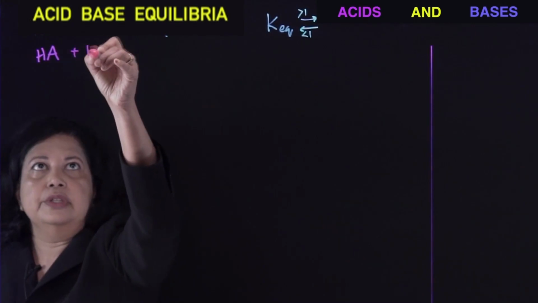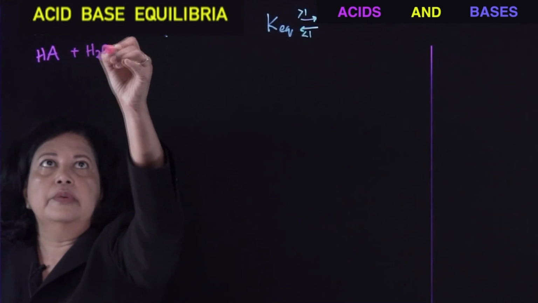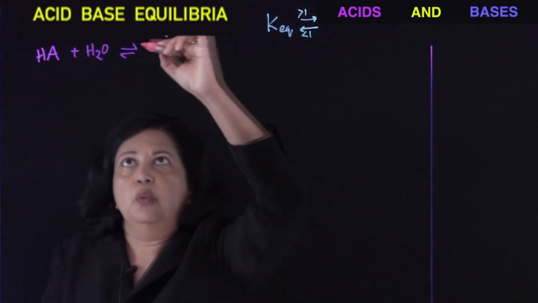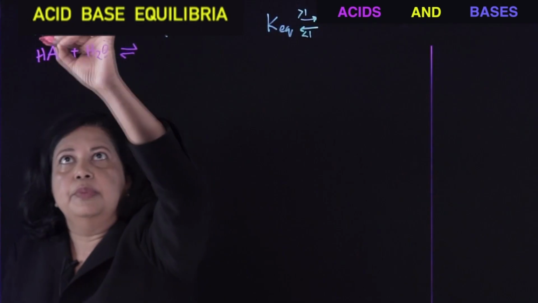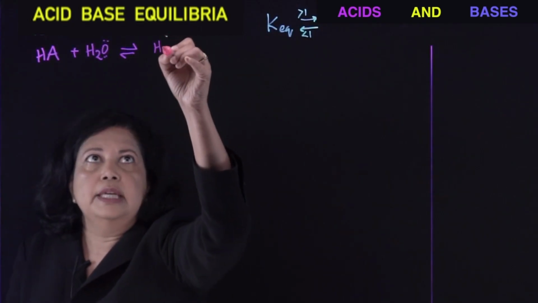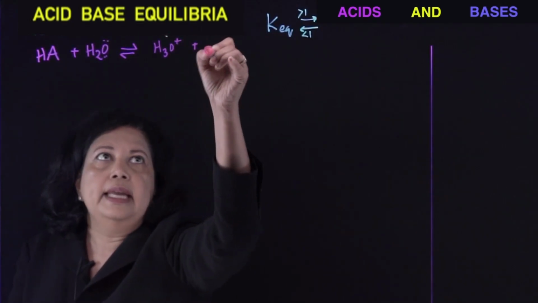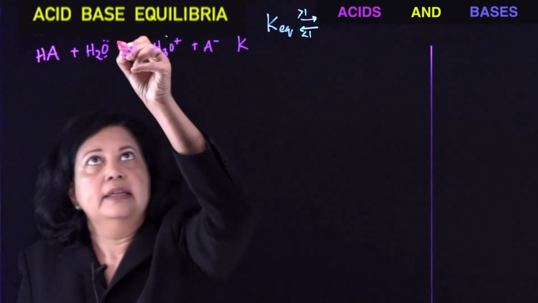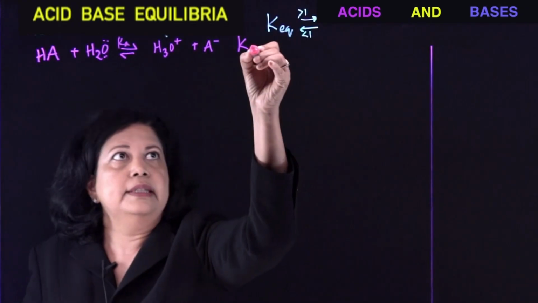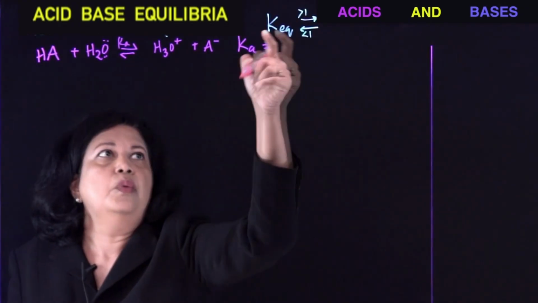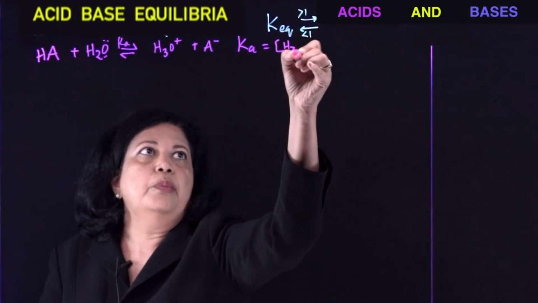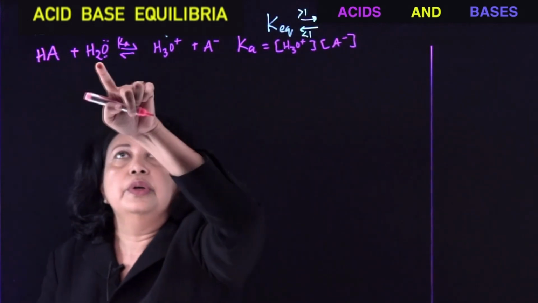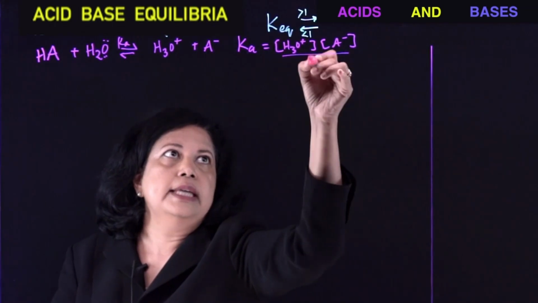And that is going to just go over, grab a proton, and all of these acids and bases, the pH only works in water, and pulls off a hydrogen and becomes H3O plus and A minus. And we would call the equilibrium constant for that Ka, which is basically your H3O plus times A minus over your starting material, which is HA.